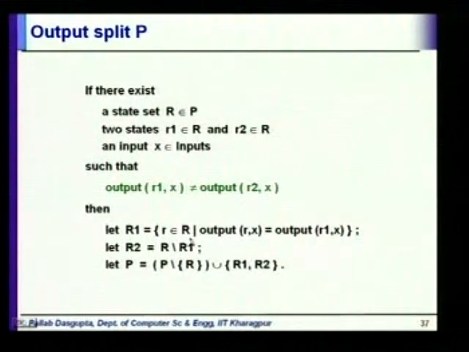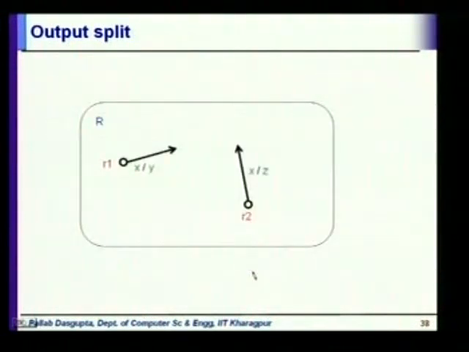Let R1 be all of those states in R whose output is equal to the output of R on x, and then let R2 be the remaining set of states, and then we split the partitions by removing R as a partition and replacing it with two sub partitions R1 and R2. Okay, so this is output split.